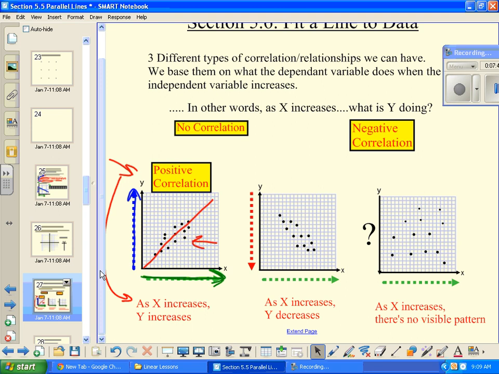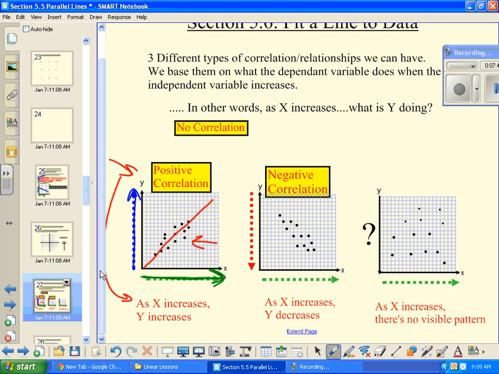So if that's positive correlation, then obviously this middle one must be negative correlation. As my x values increase, my y values actually decrease. So here's what it looks like in a scatter plot. And again, there's what a line of best fit might have. It'll have some kind of negative slope, some kind of negative correlation to it.